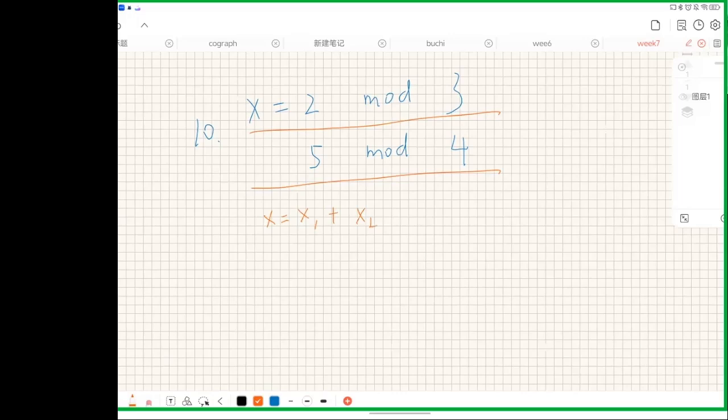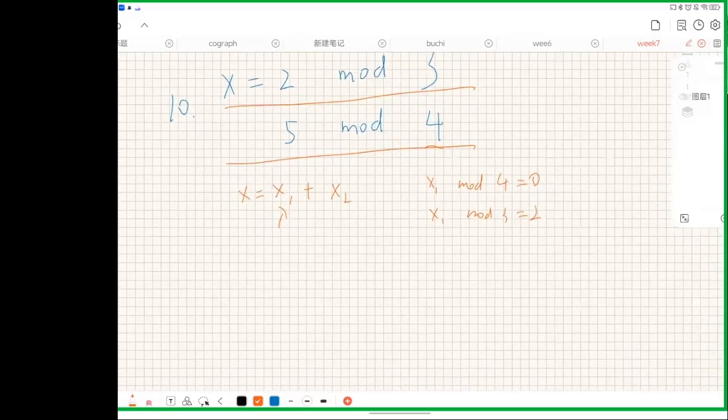What we want is x1 mod 4 equals 0, x1 mod 3 equals 2. And similarly, we want x2 mod 3 equals 0, x2 mod 4 equals 5. Then the sum of them can satisfy both formulas, right?